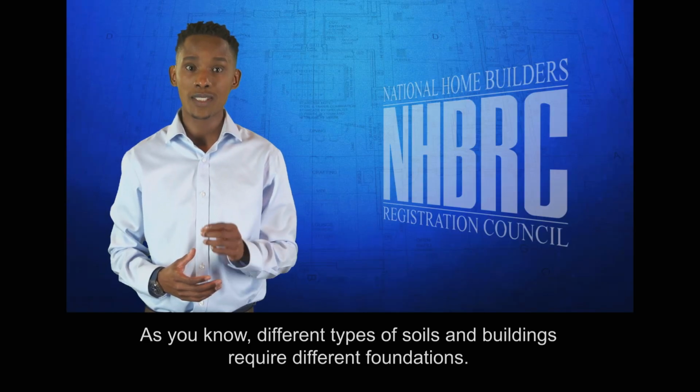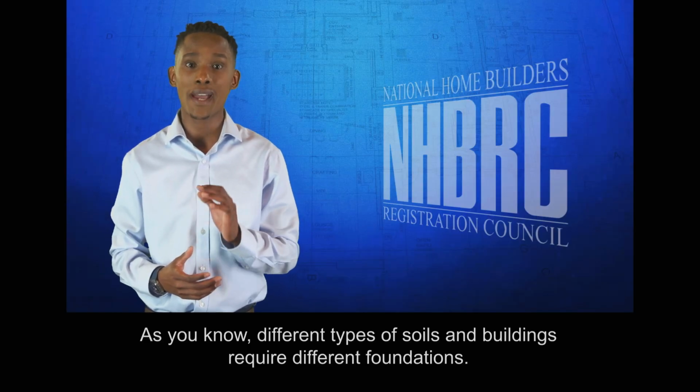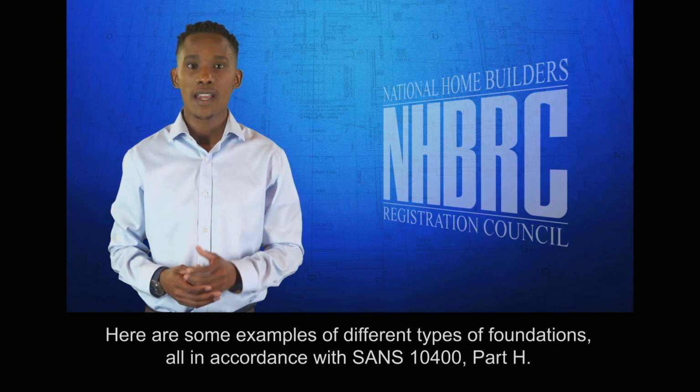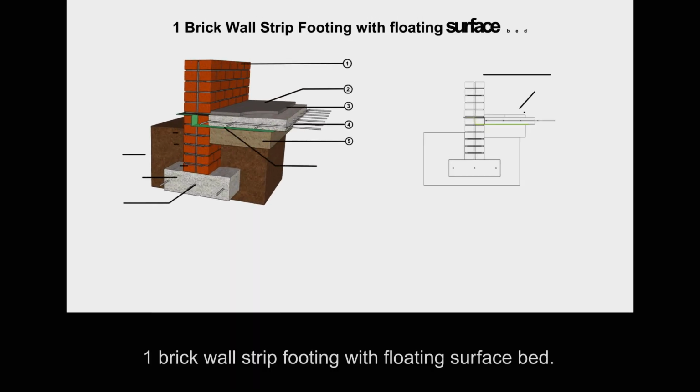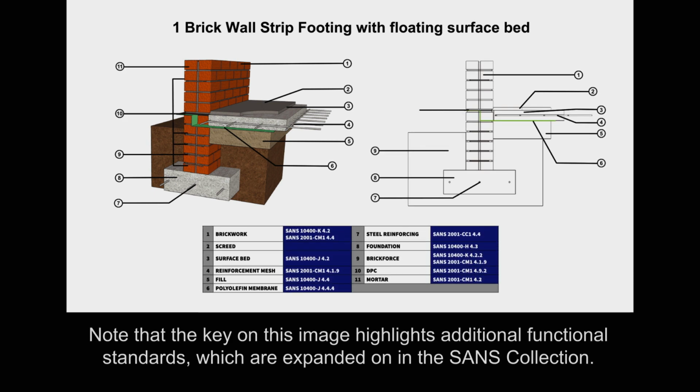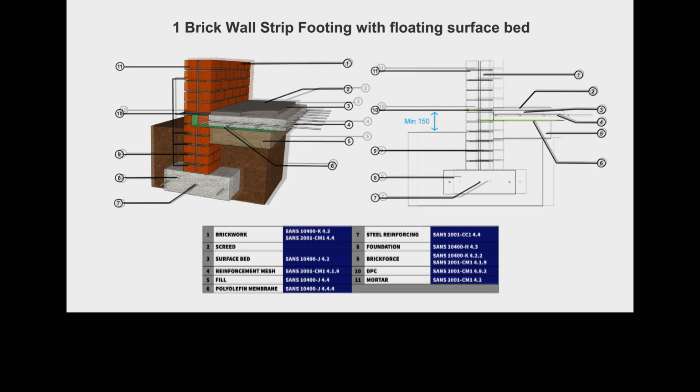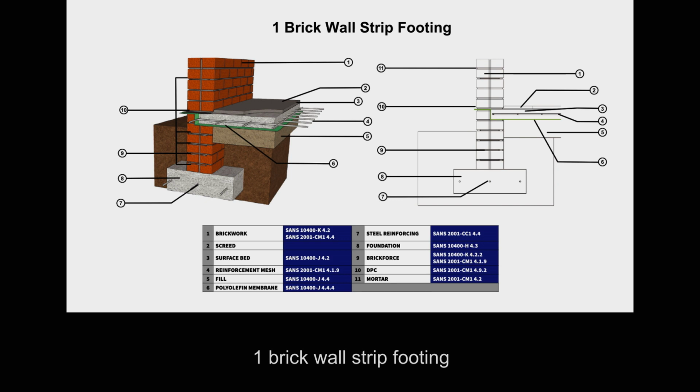As you know, different types of soils and buildings require different foundations. Here are some examples of different types of foundations, all in accordance with SANS 10400 Part H. 1 brick wall strip footing with floating surface bed. Note that the key on this image highlights additional functional standards, which are expanded on in the SANS collection. 1 brick wall strip footing.